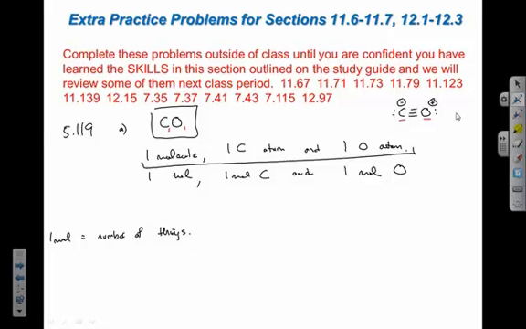So the question says, how many moles of oxygen are needed to combine with 0.212 moles of carbon? Well, in this formula, I can say a relationship: for every 1 mole of carbon, I need 1 mole of oxygen.